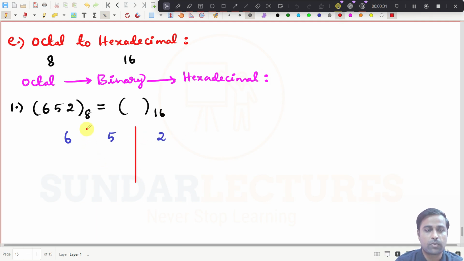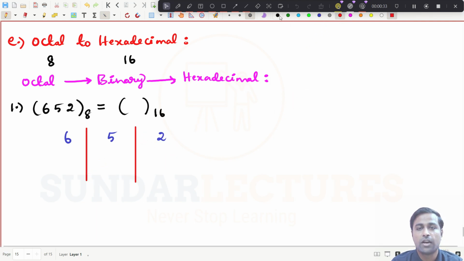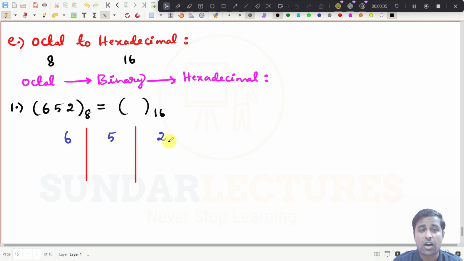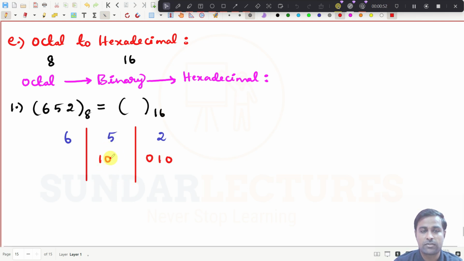Now what you do? You have to split this one. Always we will do this. So you have to convert this octal to binary now. What is the procedure of converting octal to binary? You have to write three digits. Try to understand, that is very important here. So it will be 0, 1, 0, that is 2. And what is the value of 5? It is 1, 0, 1.